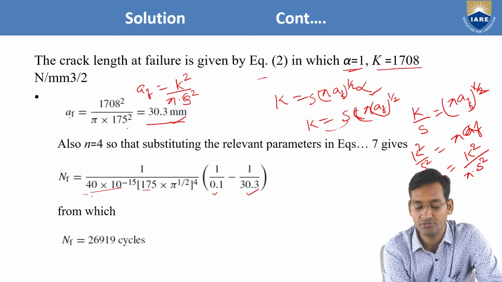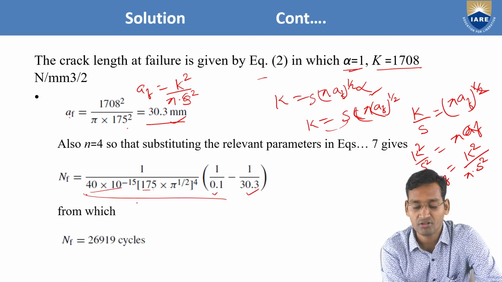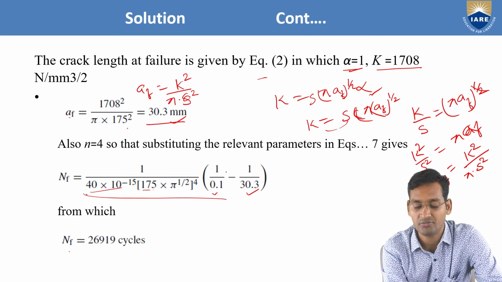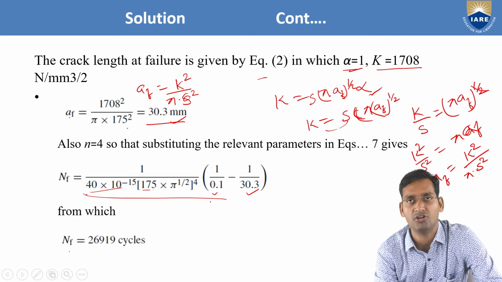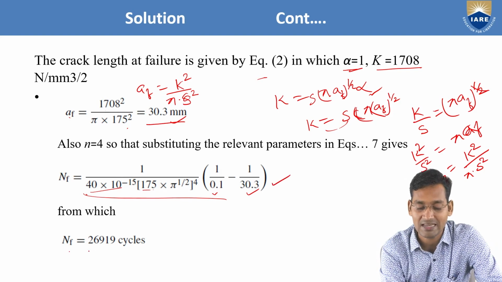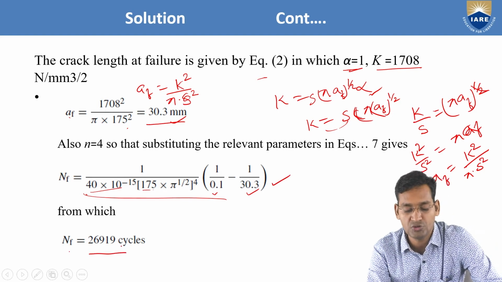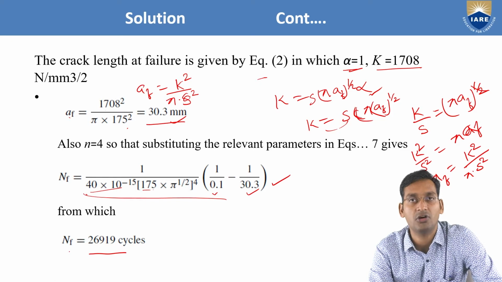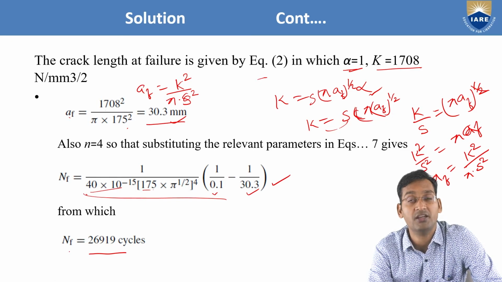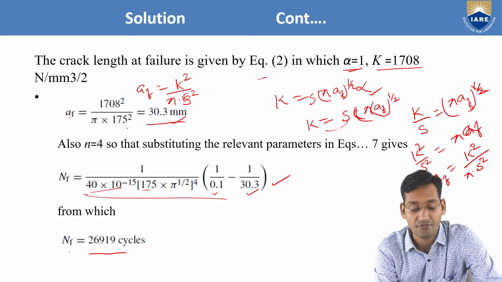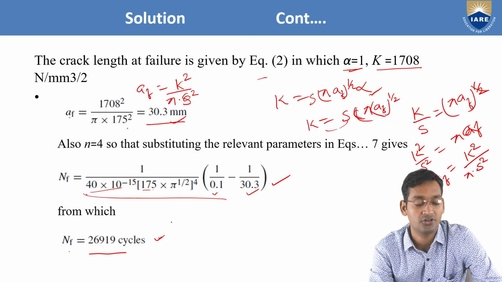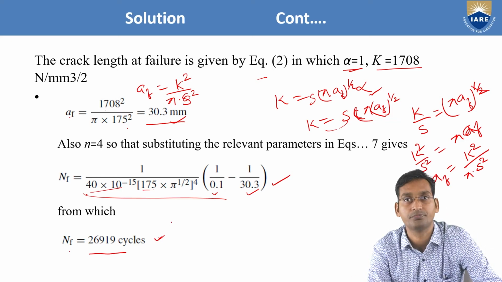After putting these values and calculating, you can also put them in a calculator, you will get NF equal to 26,919 cycles, meaning after that the structure will fail.